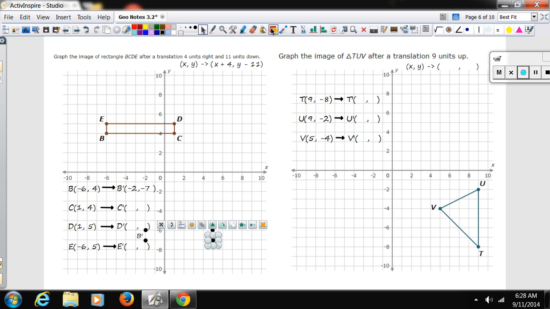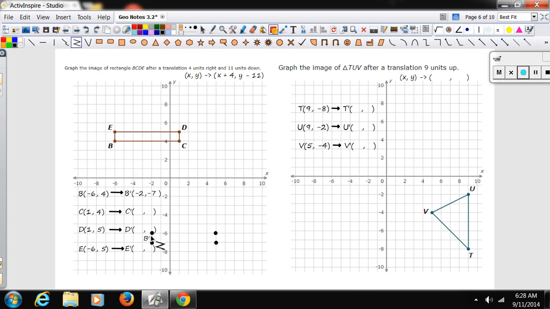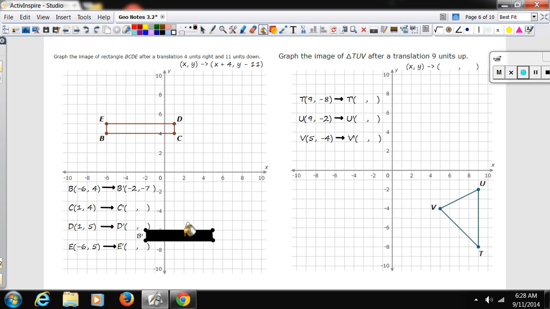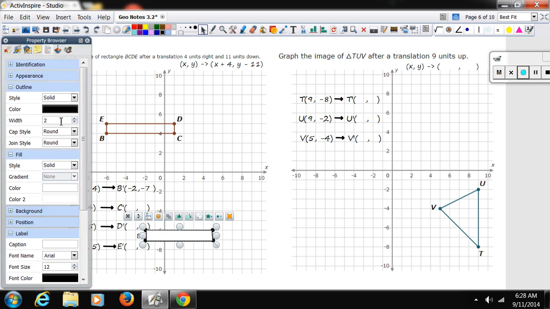So my new shape, I drew that in. It's not perfect, sorry guys. Let's make it white or something. We could actually make it clear.